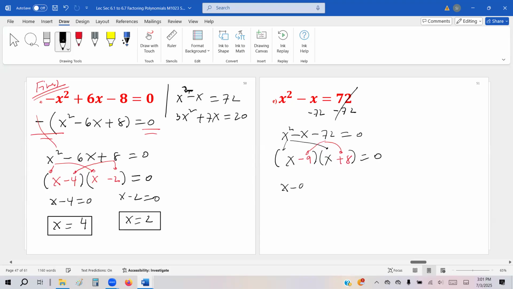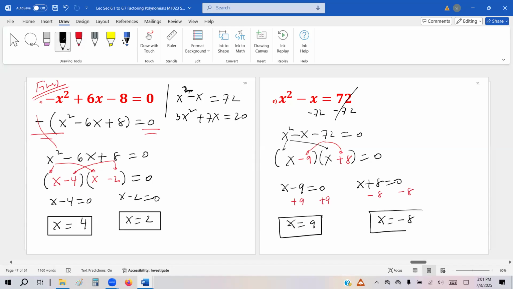So we get either x minus 9 is 0 or x plus 8 is 0. To solve for x, we did the opposite. So either we add 9 to both sides or we subtract 8 from both sides. So that gives us our x equals 9 or x equals -8.